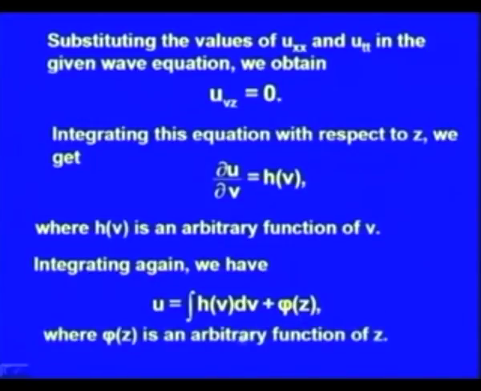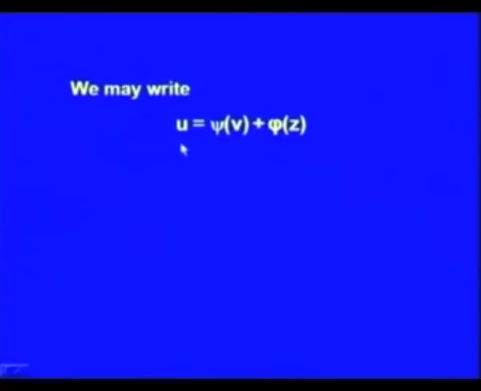So, here the constant of integration is a function of z, and thus u may be written as psi v plus phi z. Psi v is the integral of h v d v here, or we may write u as psi of x plus c t, because we have written v for x plus c t and we have written z for x minus c t.